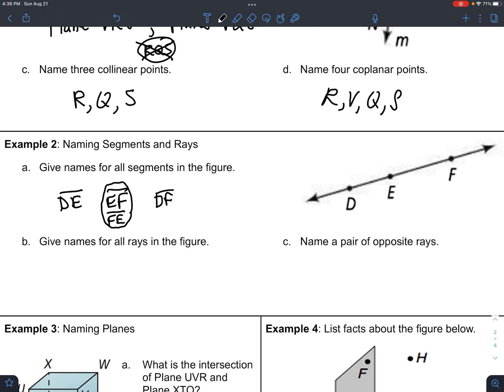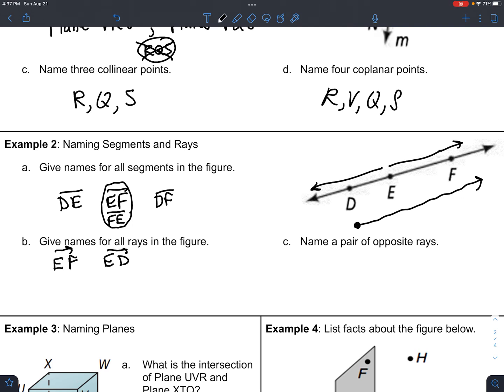All the rays, okay. Well, a ray has to have 2 points. So could we go, how about let's start at E, and you can go to F. And you could also start at E and go to D. So that's this ray and this ray. But there's actually 2 more because we could start at D and go that way.